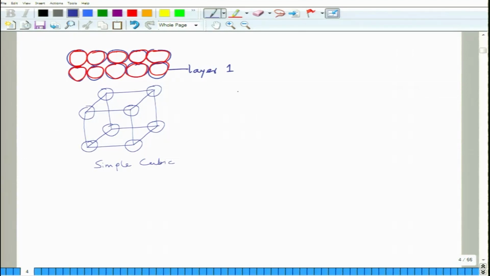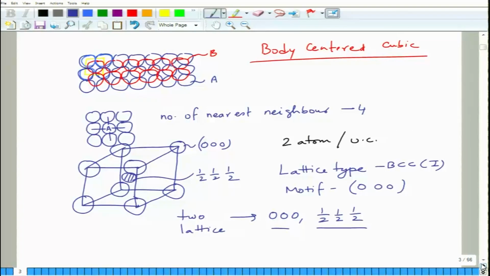Here each atom has how many nearest neighbors? 6 nearest neighbors, but within the plane it has only 4 nearest neighbors. Likewise in case of BCC, number of nearest neighbors was 8 in 3D, right. So this atom is surrounded by 8 atoms. Similarly, this atom is surrounded by 8 atoms. The one in the center is the same as the others; they are both same atoms.